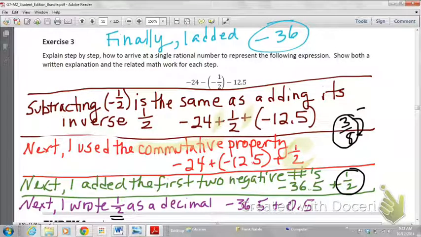But anyway, just converting that, because you want them to look the same. I mean, you could have actually converted the negative 36.5 into a mixed number, but the decimal just seemed easier to me.